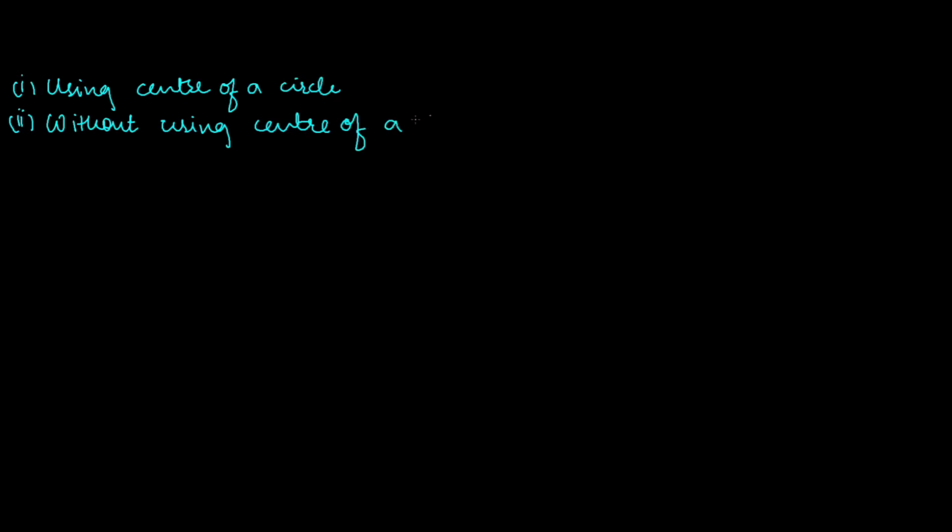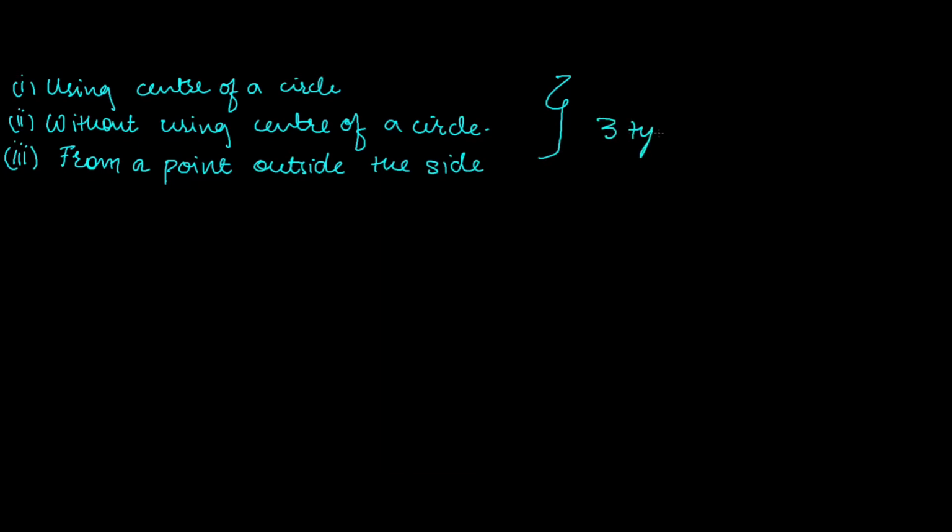And the third and last construction is where a point will be given outside the circle and we have to construct a tangent. So the third construction is to construct a tangent to a given circle from a point outside the circle. Means a point will be given which will be outside the circle and you have to construct a tangent from there. So these are the three types of construction while constructing a tangent.